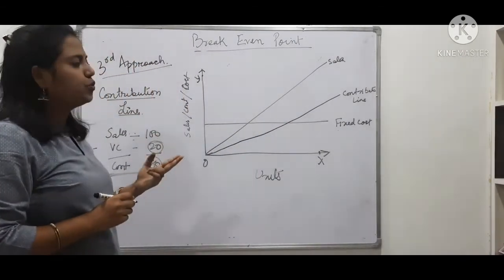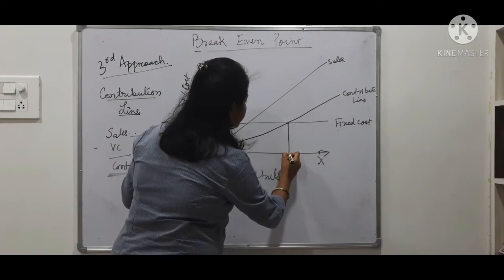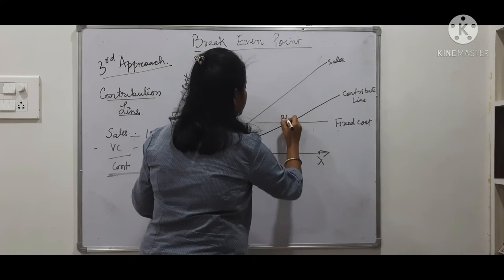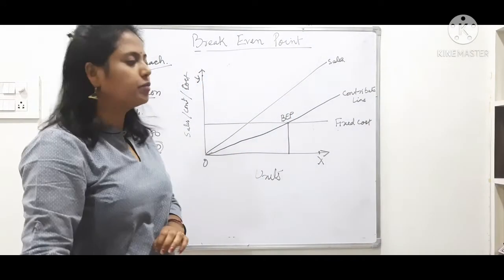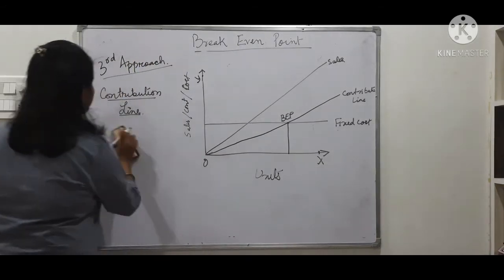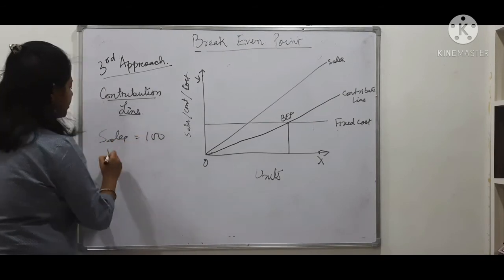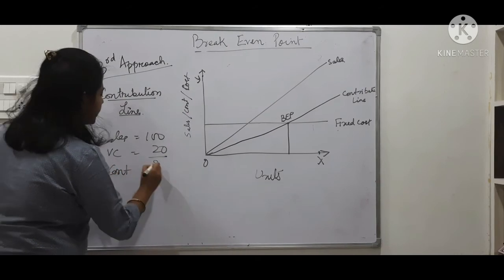Now as I told you, this is your break-even point. This is the point where your contribution is just equal to fixed cost. If I ask you again why contribution equal to fixed cost is the break-even point, I already gave you the numerical example. If your sales is 100 and your variable cost is 20, you have contribution of 80.